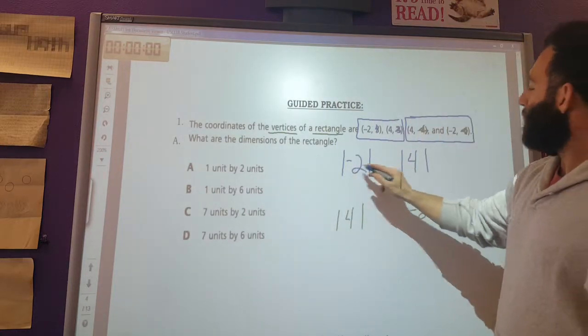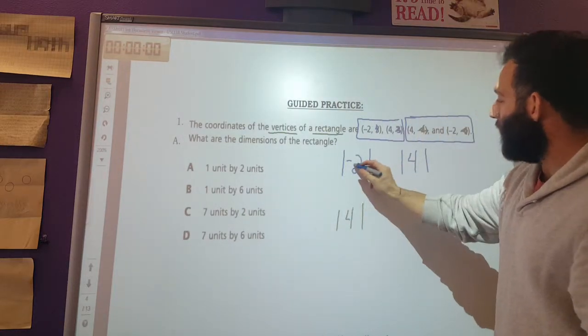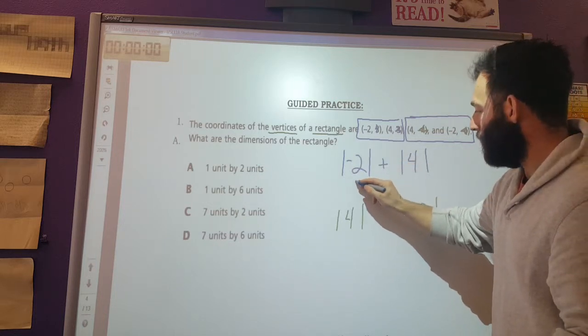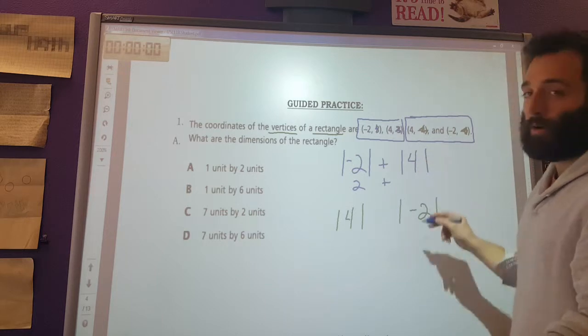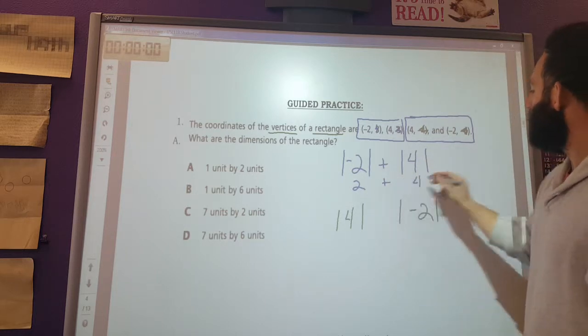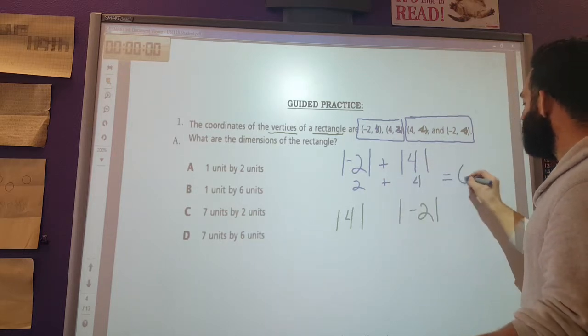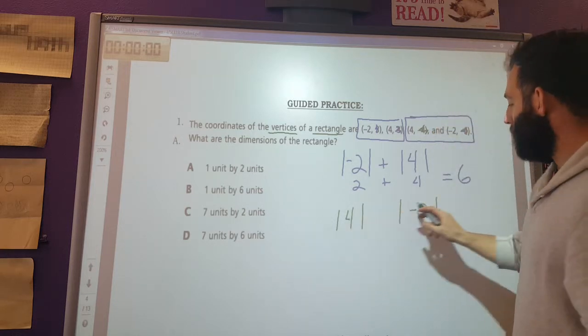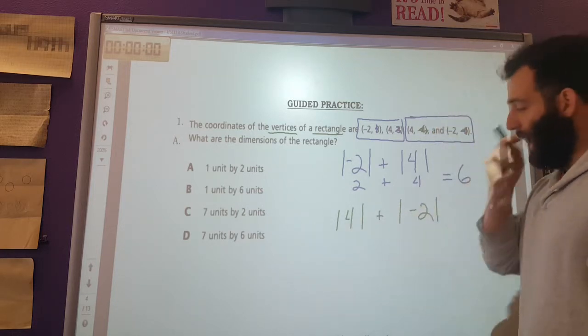The first part, I know that if signs are different, I can add. So the absolute value of -2 is 2, plus the absolute value of 4 is 4. 2 plus 4 gives me 6. And again, if signs are different, I add.